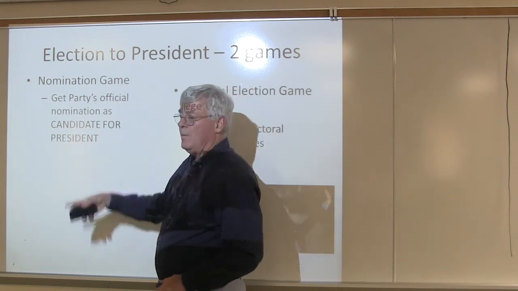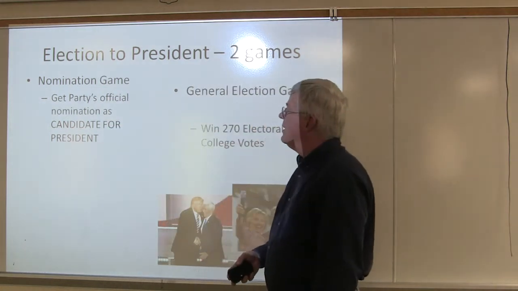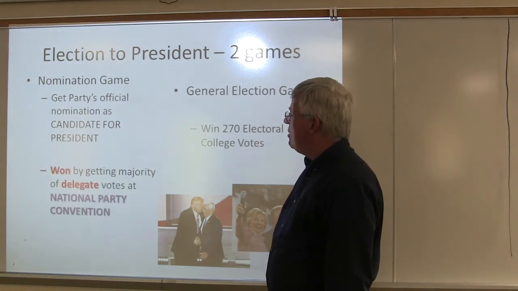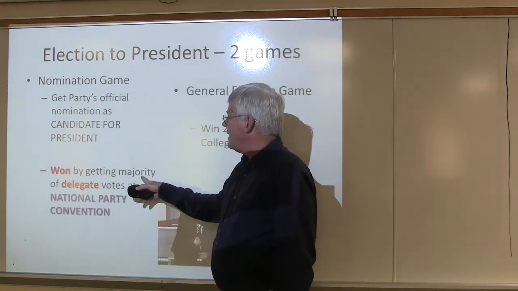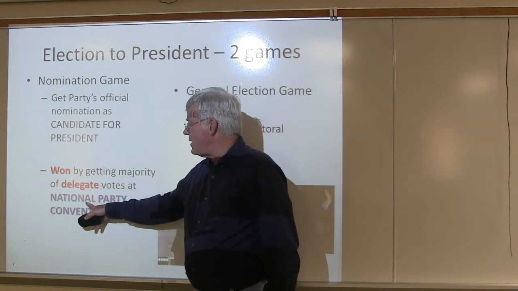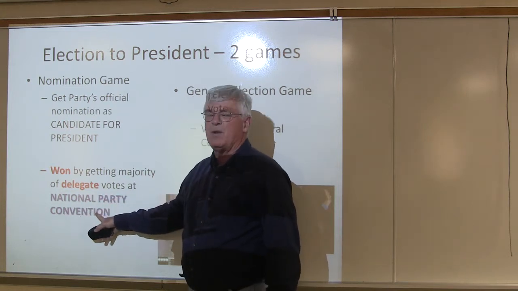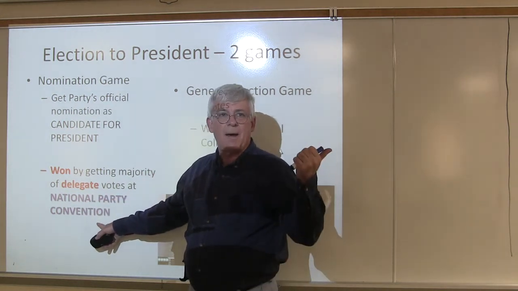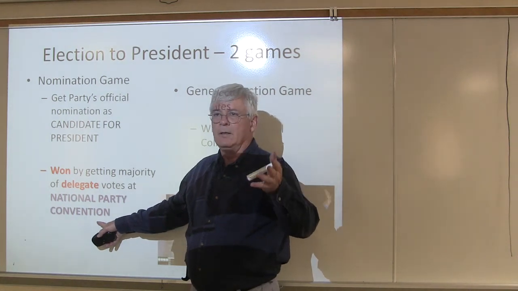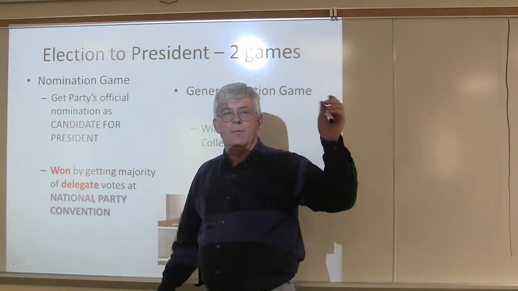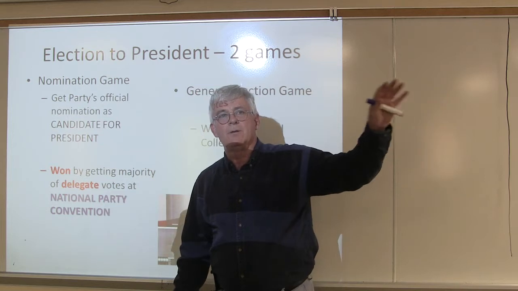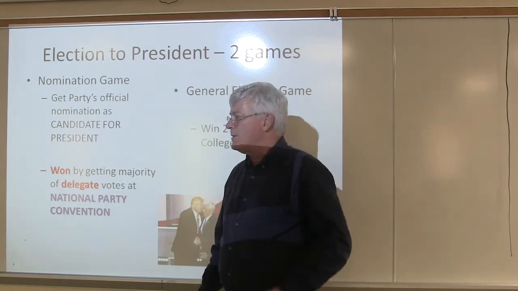That's how you win the nomination game. How do you win the nomination game? You get a majority of delegate votes at the National Party Convention. These happen in August. They just happened, or well, in July usually. They just happened a week ago with the Republicans and 2 weeks ago with the Democrats. All right.